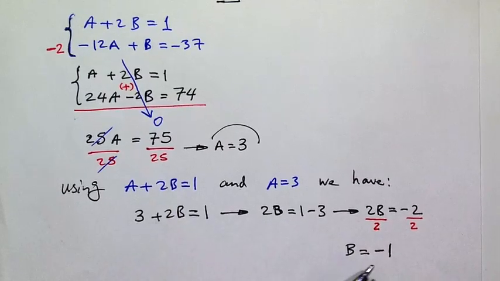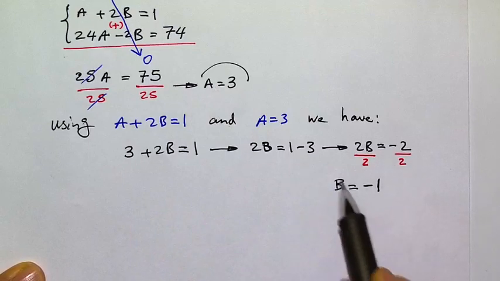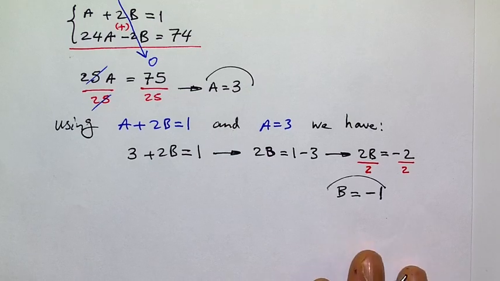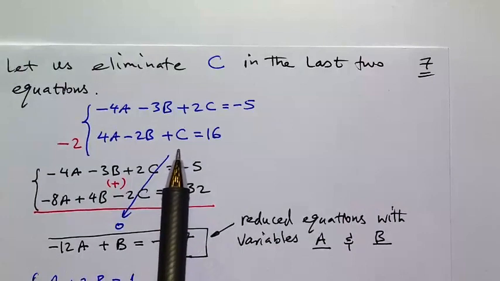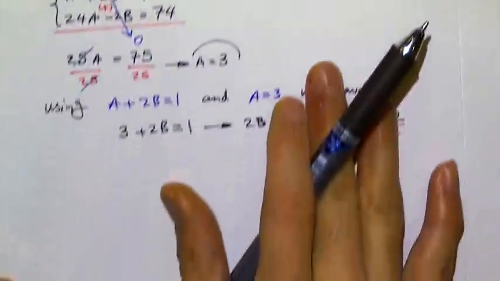So we solved for a. We now solved for b. And so now we have to solve for c, right? For that, we can use any of these equations. Let's use that one, right?